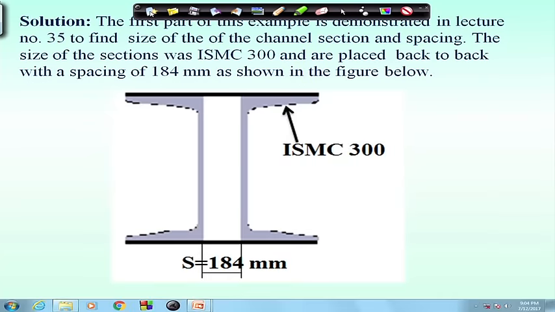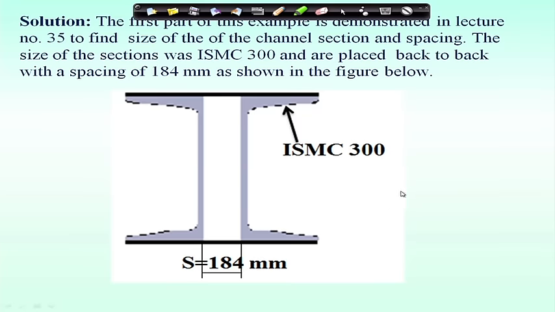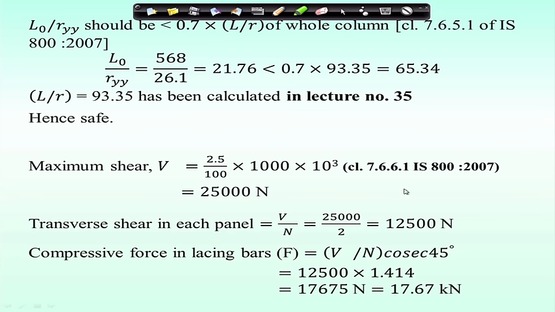If we recall the design example provided in lecture 35, we obtained the ISMC 300 channel section with a spacing of 184 between the two, and the channels were placed back to back. So, this is what we have already calculated. Now, we will calculate the forces coming on the lacing and the dimensions of lacing.